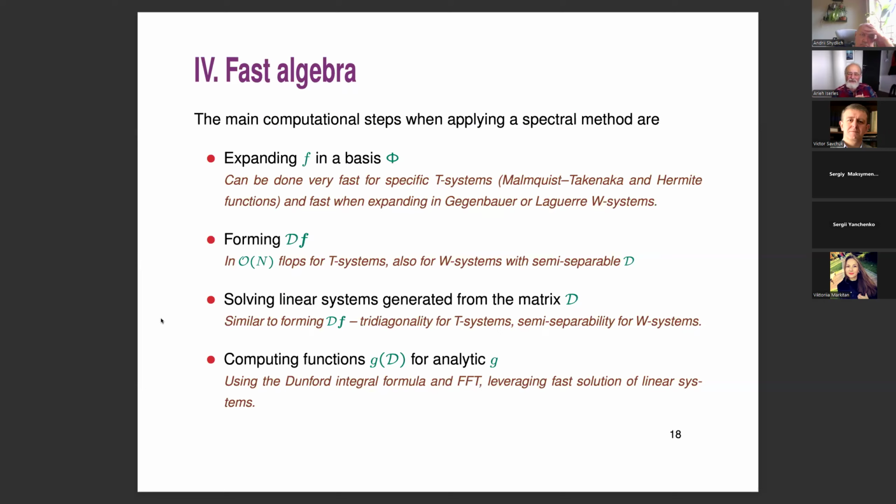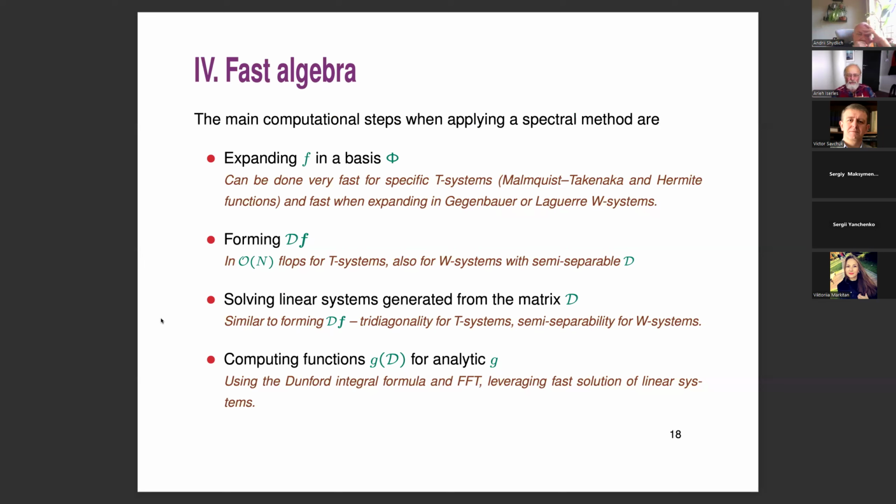For Malmquist-Takenaka, we can expand it using FFT, and this for the first n terms costs us order n log n operations. For Hermite functions, we can use the so-called fast Hermite transform, and this will cost us order n times log n squared operations, which is still very fast.